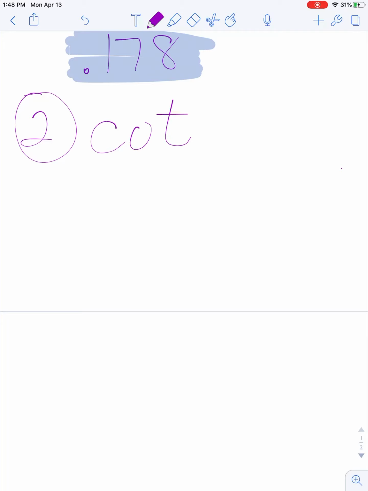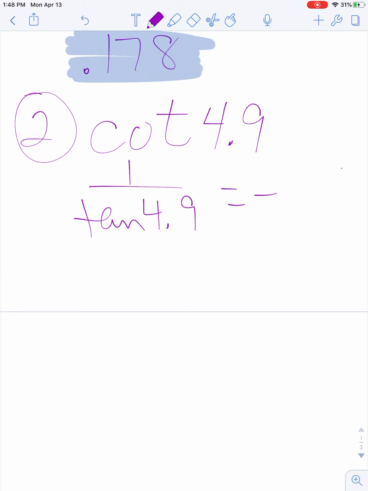Again, if it's cotangent, cosecant, something where we don't have the calculator button, remember that cotangent of an angle is equal to 1 over the tangent of that angle. So I'm just going to go to my calculator, 1 divided by the tangent of 4.9, and this is what the calculator says right now, negative 0.1898.